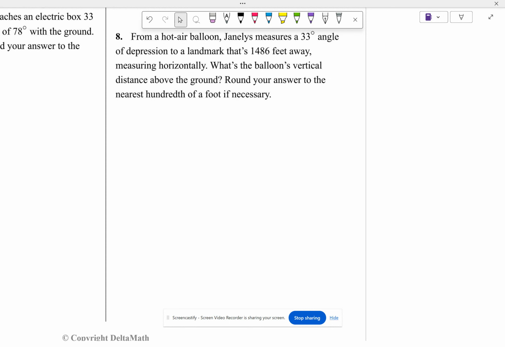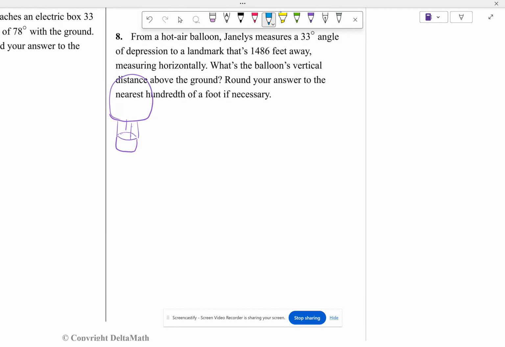Okay. Here we go. I need a hot air balloon. All right, so hot air balloon. It's got a basket. Right, it's probably got some strings. It's got a balloon. Right.